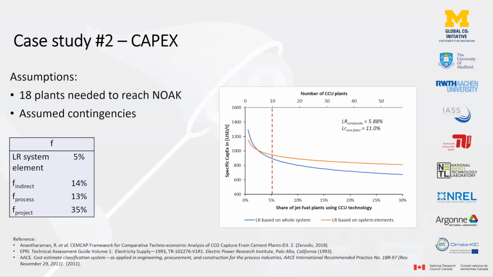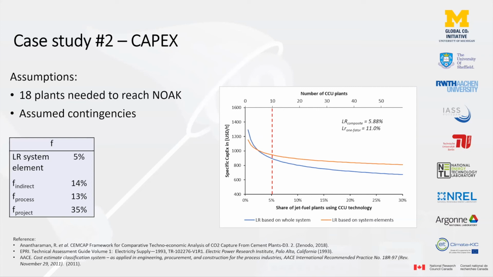So here you can see that there are different factors, and we also make an assumption of 5% as the learning rate for system elements. And if you see the graph here, we also make the assumption that 18 plants are needed to reach the Nth-of-a-kind plant, and different assumptions related to contingency.